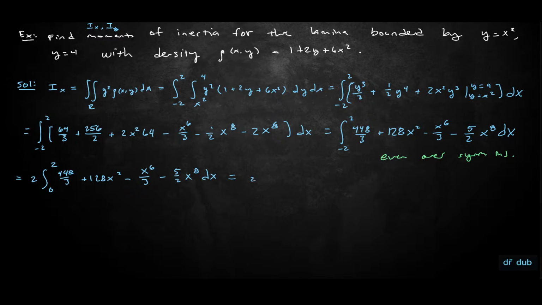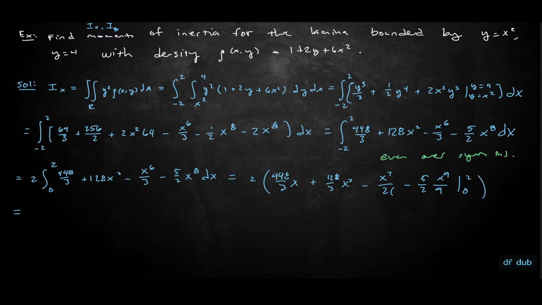And that's going to be 2 times 448 over 3 times x plus 128 over 3 times x cubed minus x to the 7 over 21 minus 5 halves x to the 9 over 9, from 0 to 2.